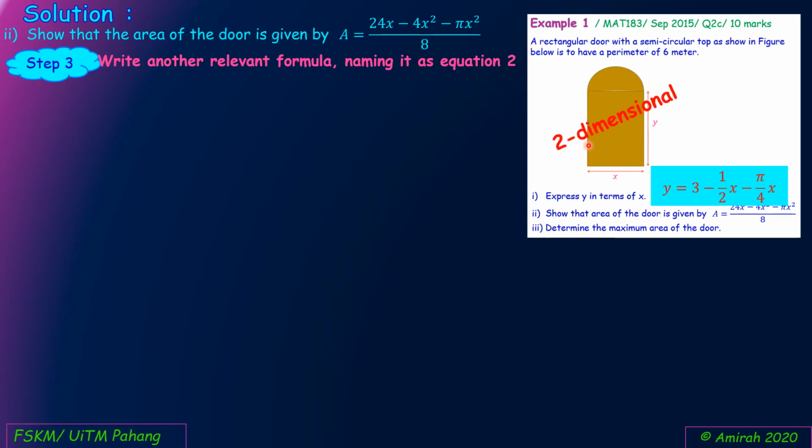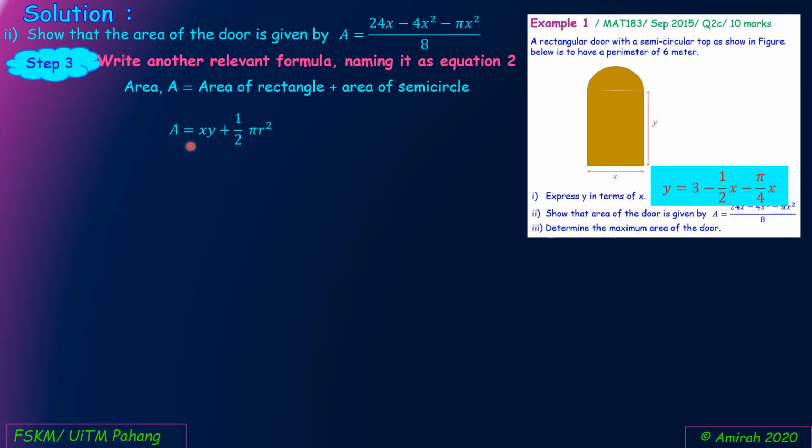This is a two-dimensional diagram, so another relevant formula is area. The area of the door equals the area of the rectangle plus the area of the semicircle.